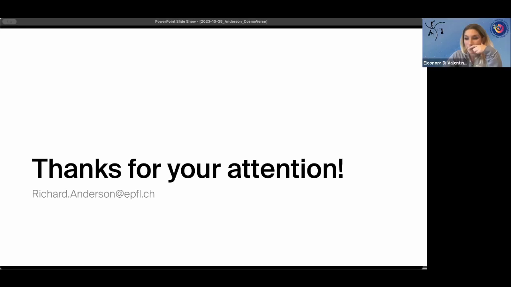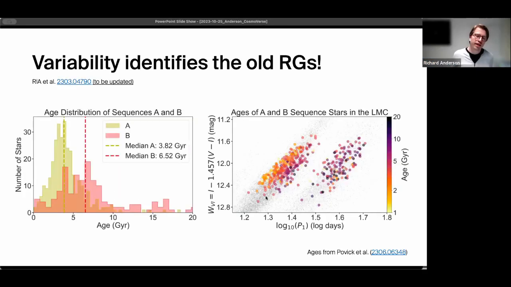Also, there is the deep one, the A plus B sequences. I don't know if you can read it. In fact, there's an evolutionary paradigm that describes how stars, as they move towards the TRGB on the red giant branch, will jump between these sequences when you consider P1, the period of the dominant mode.